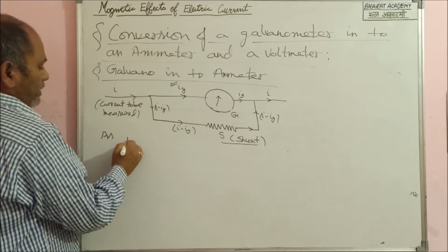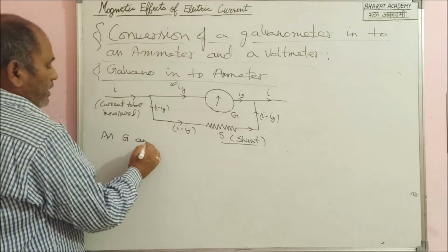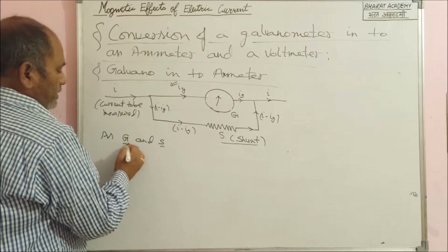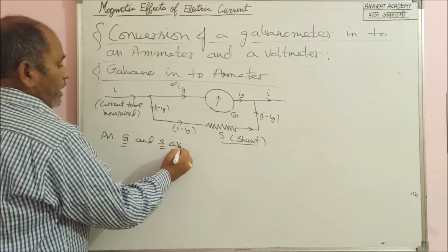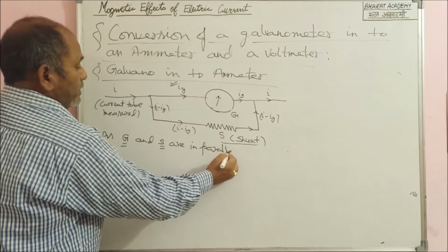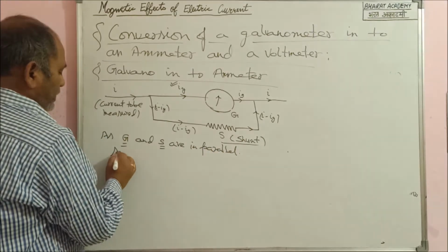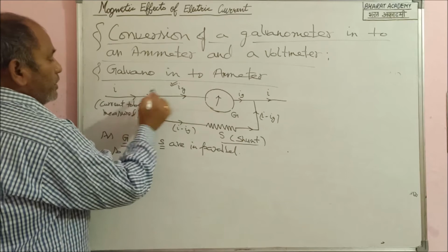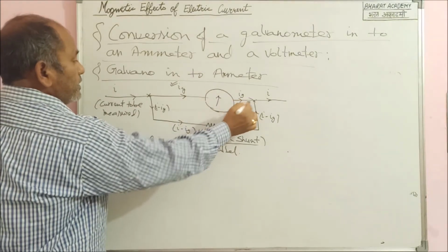As galvano G and S are in parallel, right? So what will happen? In parallel, the potential difference across both these two will remain the same.